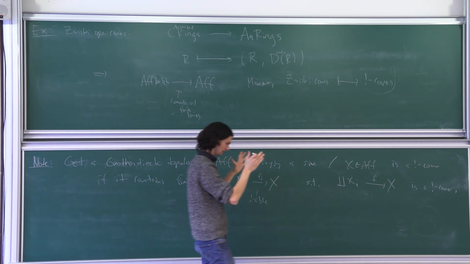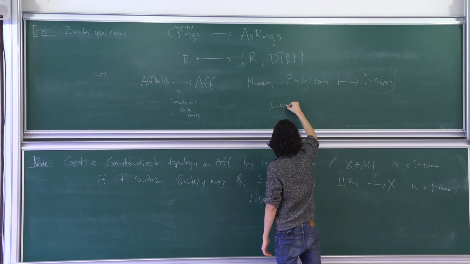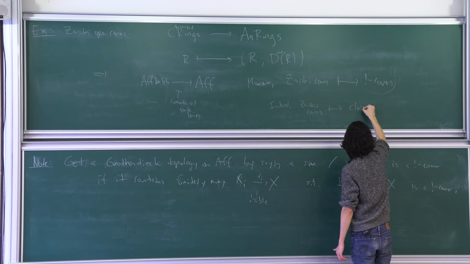So the proof is simple. Indeed, Zariski covers go to closed covers in the sense just discussed.